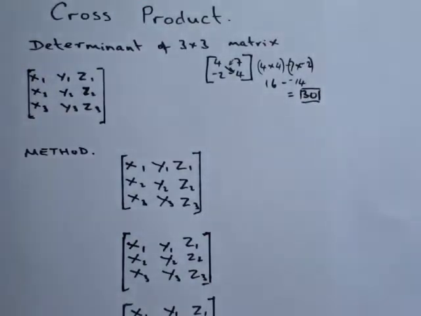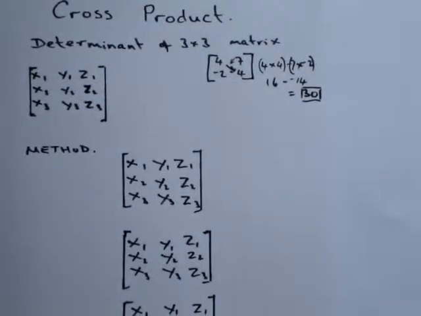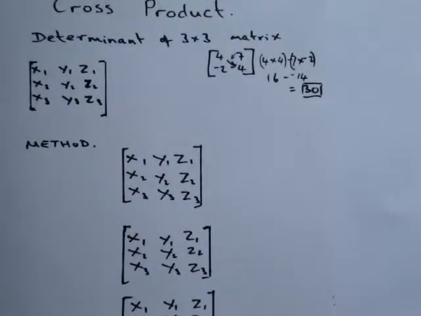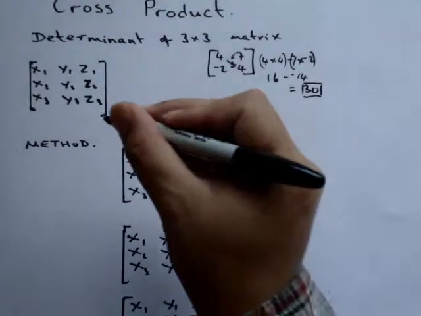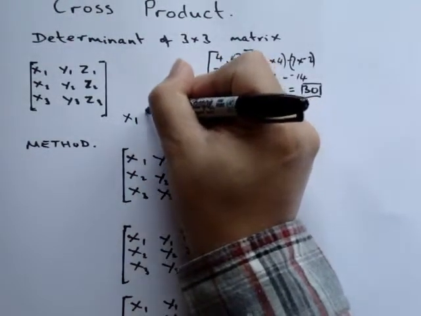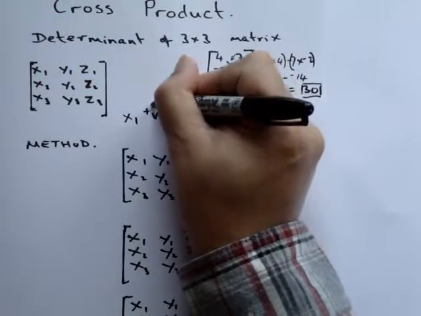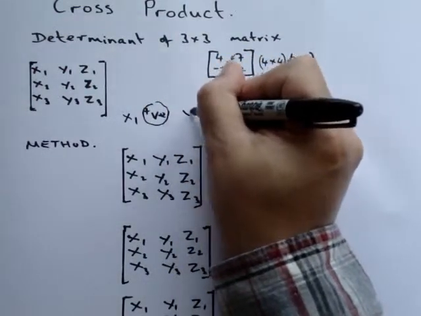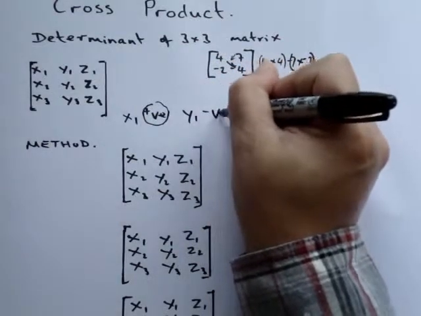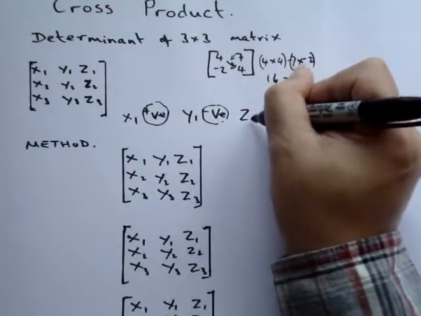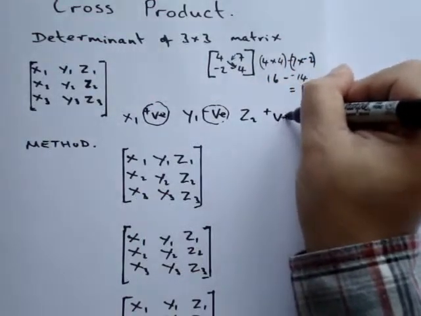So we're going to apply that to a 3 by 3 matrix. Now the first thing we have to do when we're doing a 3 by 3 matrix is we make x1 positive, we make y1 negative, and we make z1 positive.